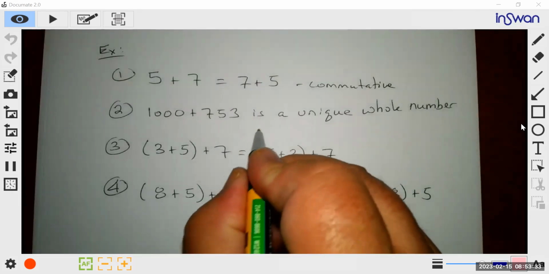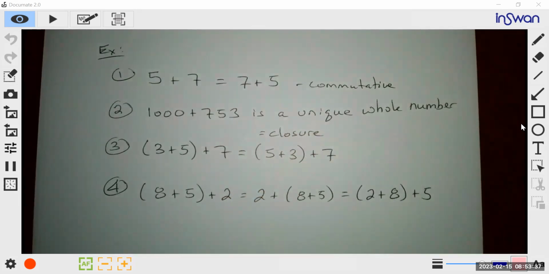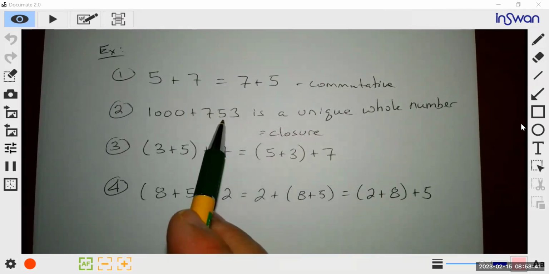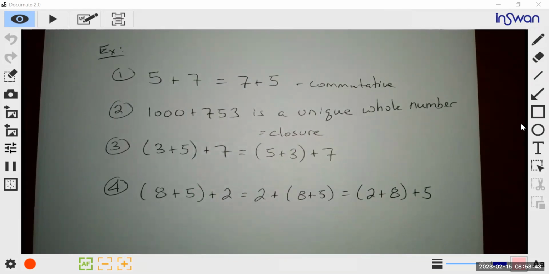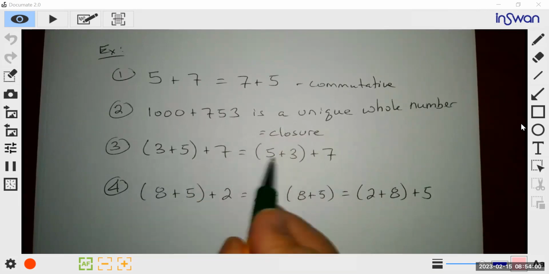Yep. It's a closure. Because these are whole numbers, and if I add them together, it's a unique whole number. That means it's closed. How about the next one? The only thing we changed was inside the parentheses.